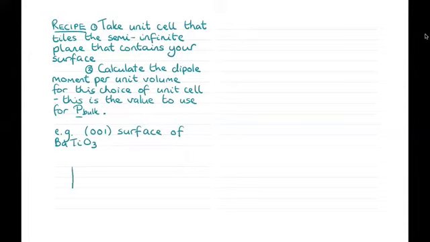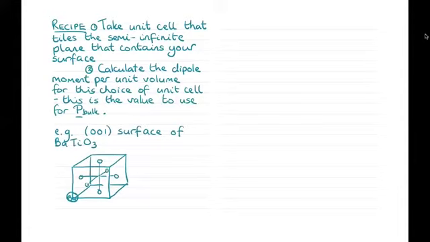So barium titanate, we know, has the perovskite structure, in which we have barium ions at the corners of the unit cells, oxygen ions at the centers of the faces, and the titanium ion in the center of the unit cell.